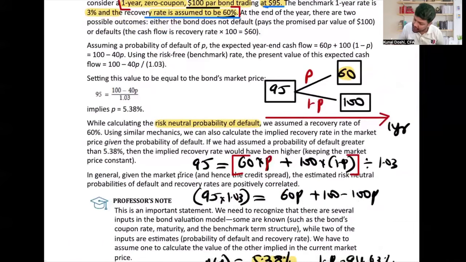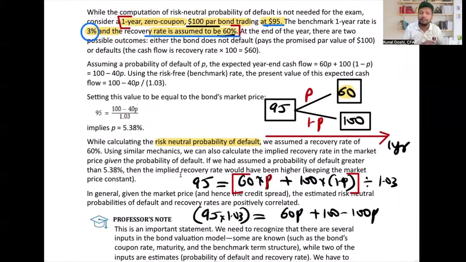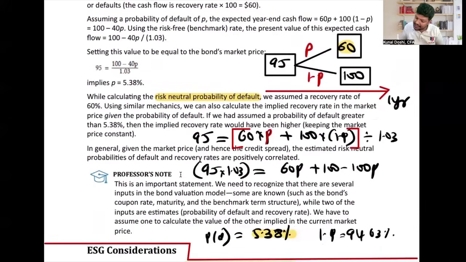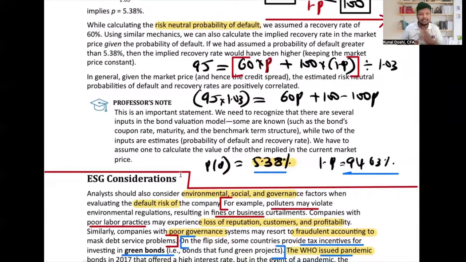So if I'm going to get $60 if the bond defaults and 100 if it doesn't, the present value of it is 95. Also, I need the risk-free rate to bring it to the present value. If you reverse calculate this, the probabilities that you get are called the implied probabilities. Implied probability of default, you can derive it from the market price.